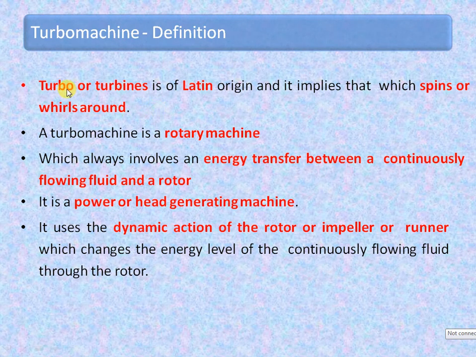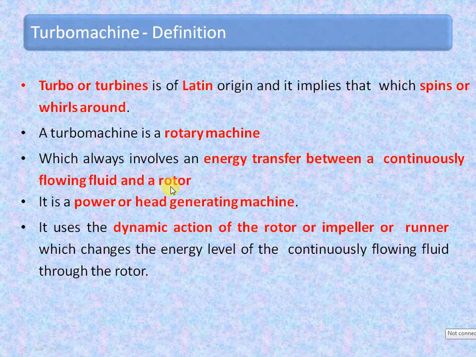The next is the definition of turbo machine. The word turbo is of Latin origin and it implies that which spins or whirls around. The turbo machine is a rotary machine which always involves an energy transfer between a continuously flowing fluid and a rotor.